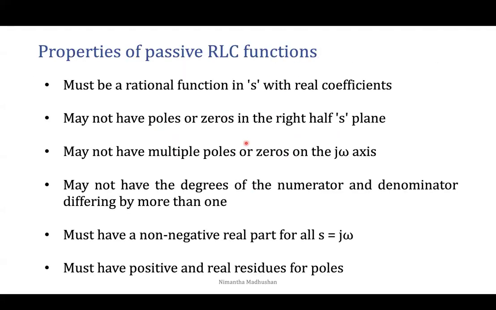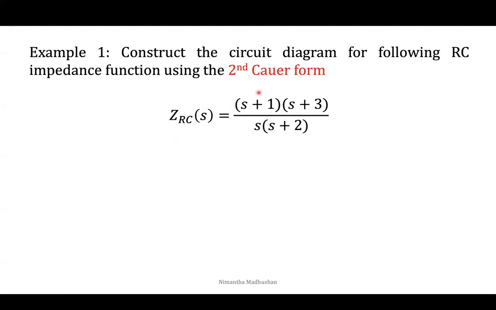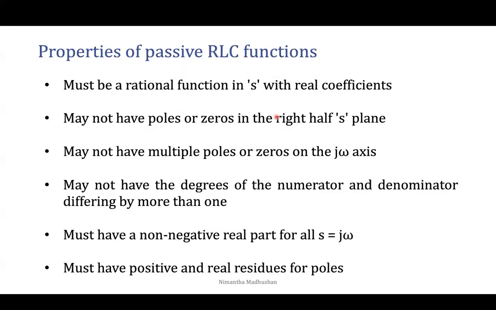For that, there are some properties. These are the properties of passive RLC functions. There are six properties. We have to check whether the given function satisfies all the conditions.